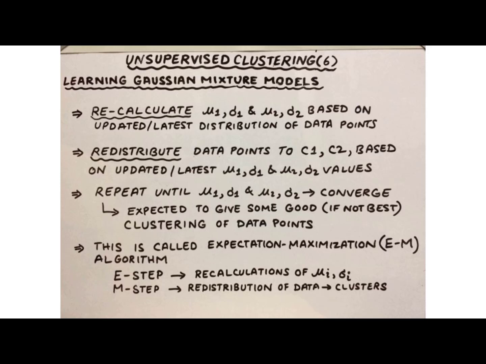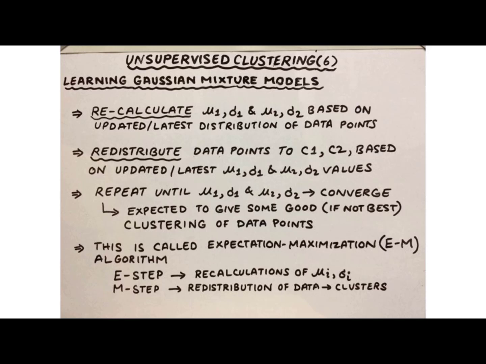This algorithm goes back and forth between these two steps, and we shall keep on repeating these steps until the cluster mean and standard deviation values converge. And that is where we stop the algorithm, and we expect to obtain some good, if not the best, clustering of the data points. This algorithm is known as the expectation maximization algorithm.